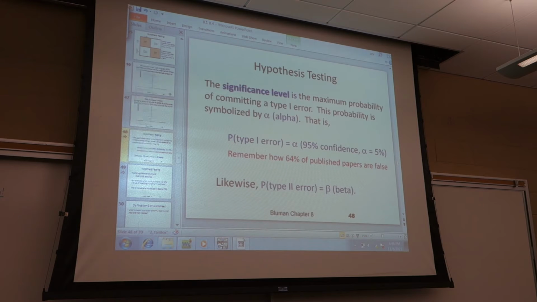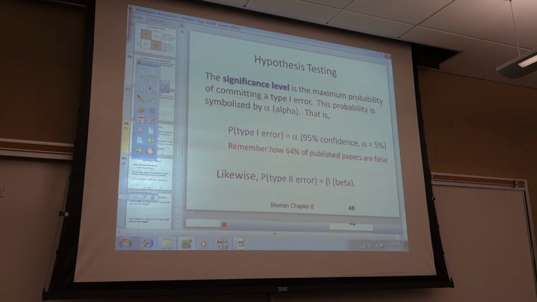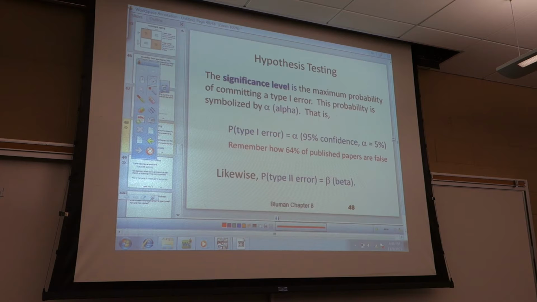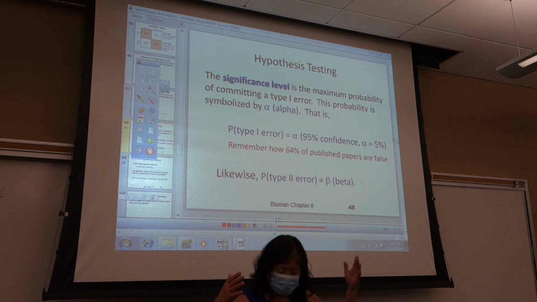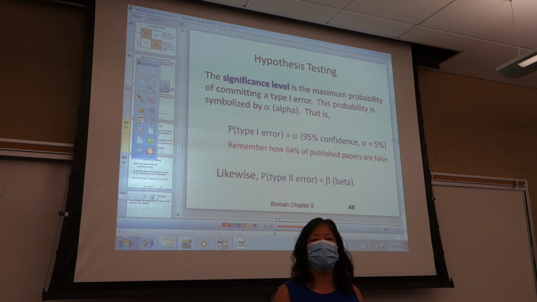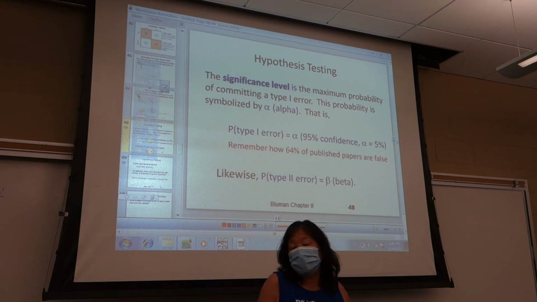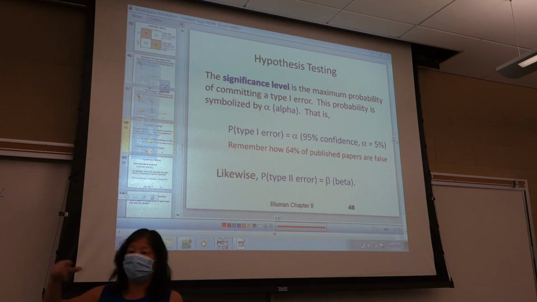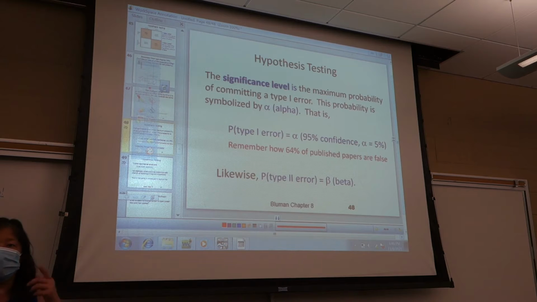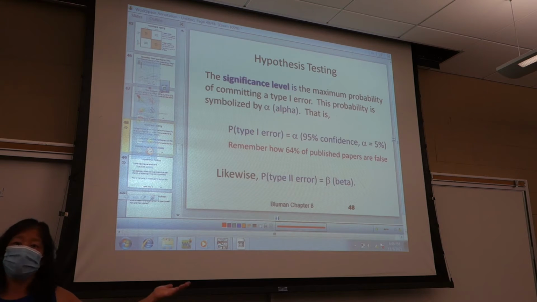Okay, the significance level, alpha. You all remember alpha from chapter 7? That tells you how often you should get a weird sample. If I set my confidence level at 95%, that means my alpha is 5%. That means 5% of the time I'm going to get something weird. If you remember at the beginning of the semester, I had everybody flip a coin 100 times on your computers. One or two people had 41 heads or less, and they would write a paper because they were unusual.